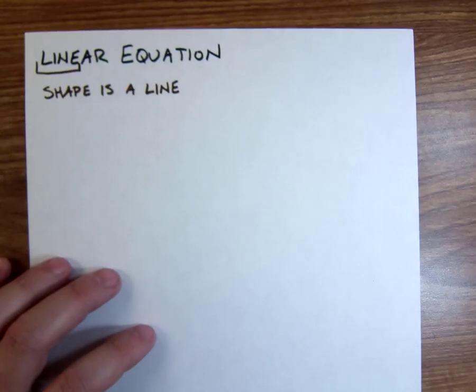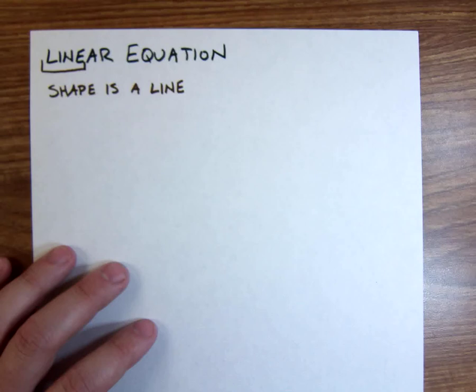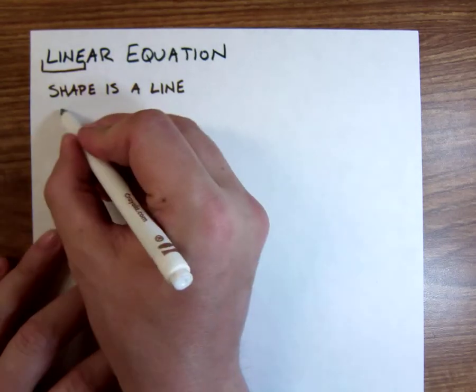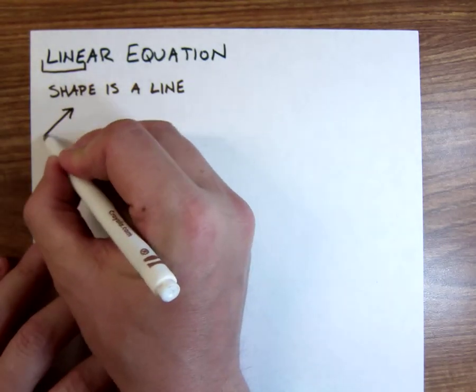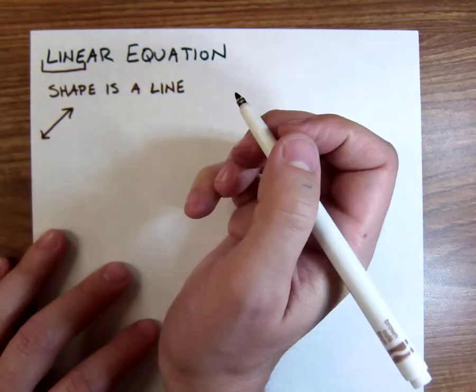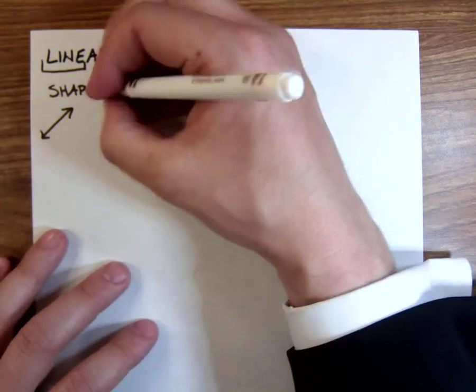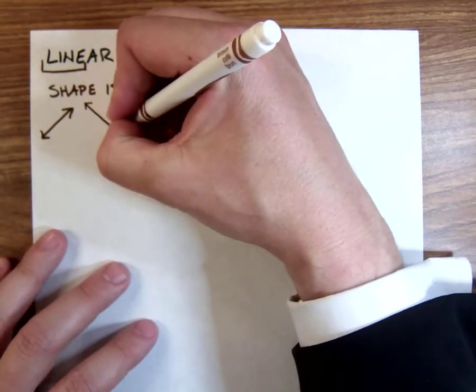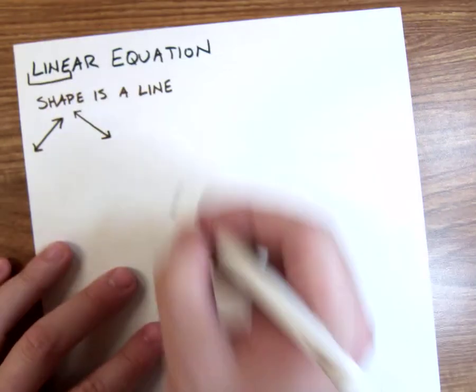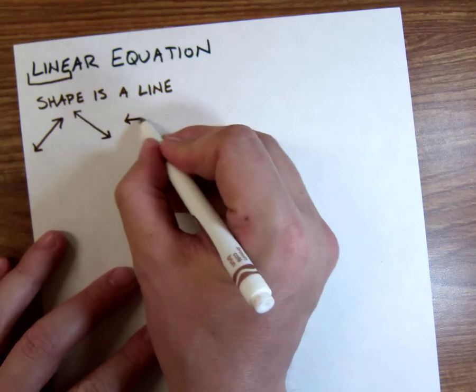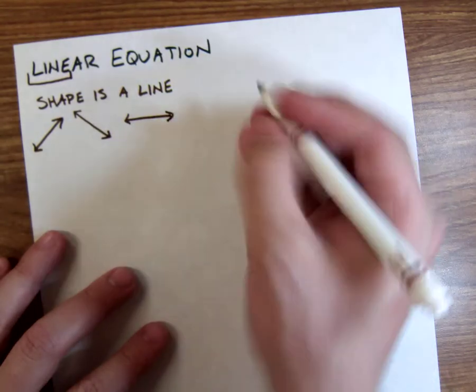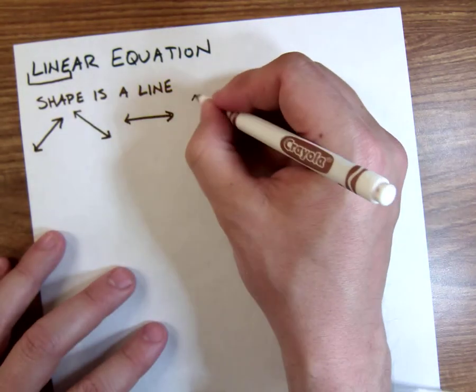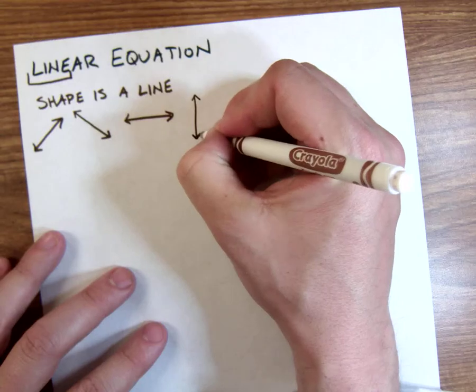There are only 4 kinds of lines it could be. You could have a line that goes up from left to right. You could have a line that goes down from left to right. You could have a completely flat horizontal line, or you could have a completely flat vertical line like that.